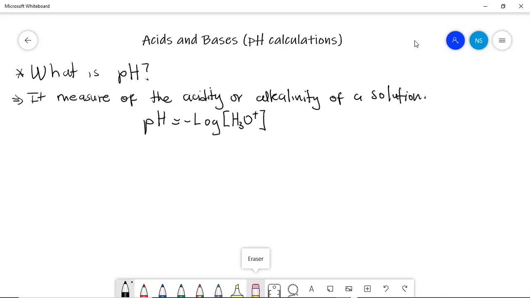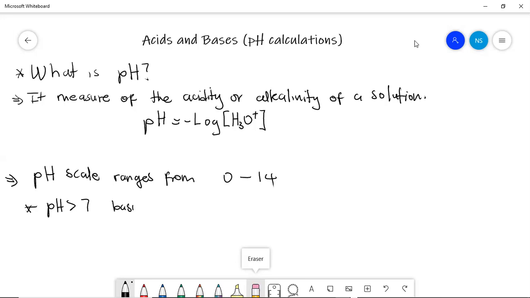From pH, we'll talk about something called the pH scale. This is a scale that ranges from 0 to 14. A pH that is greater than 7 means that the substance is basic, and a pH of less than 7 means that a substance is acidic.